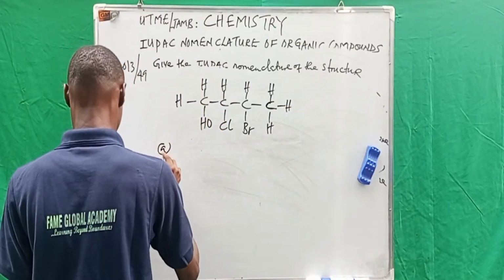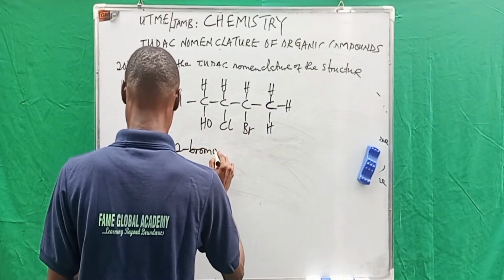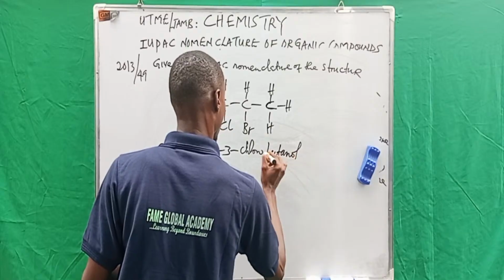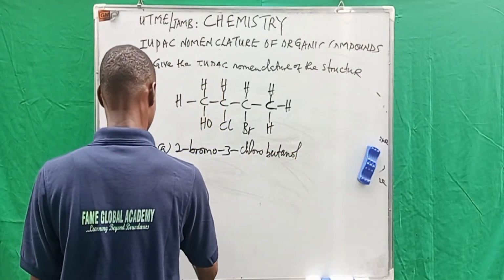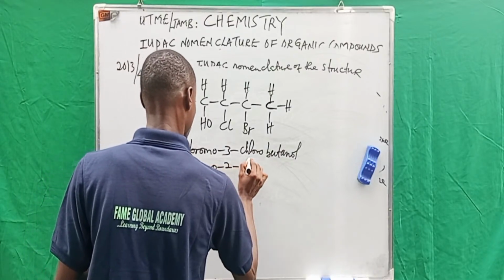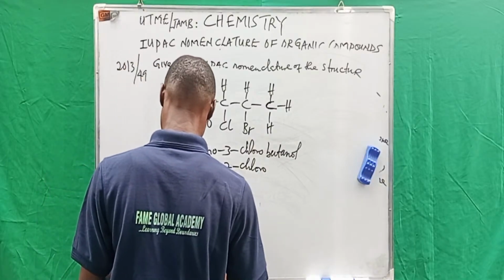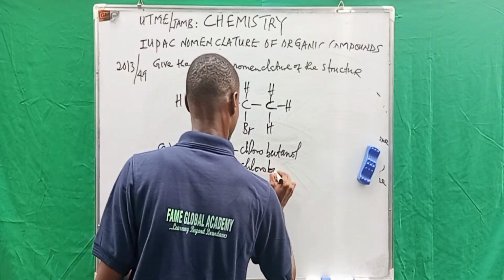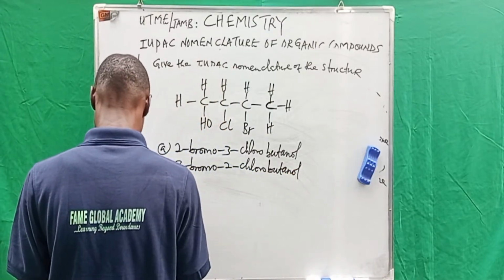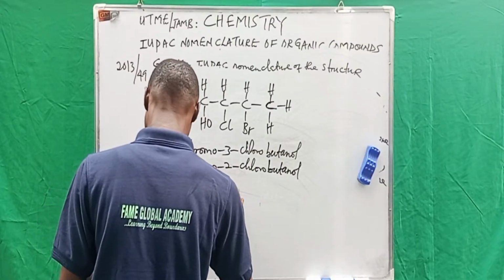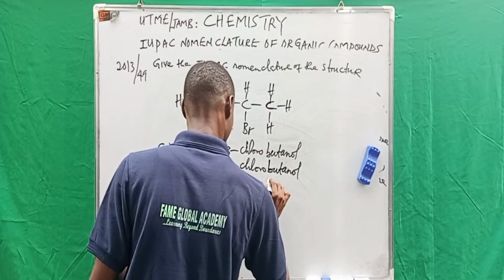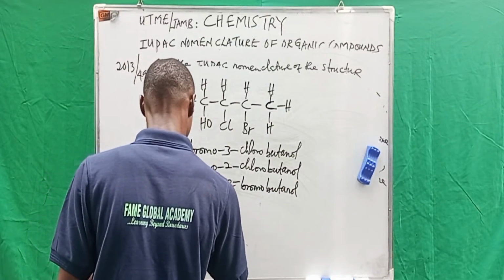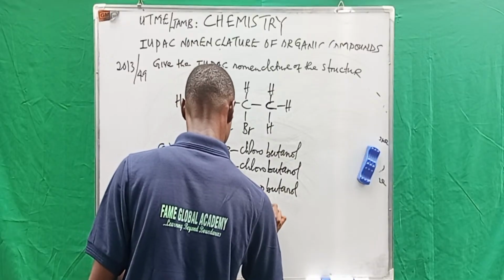All right, the options we have here: A, 2-bromo-3-chloro-butanol; B, 3-bromo-2-chloro-butanol; C, 3-chloro-2-bromo-butanol; and of course we have D, 2-chloro-3-bromo-butanol.